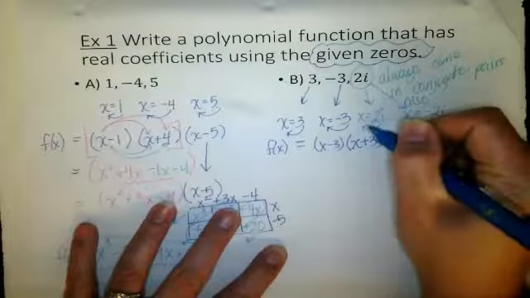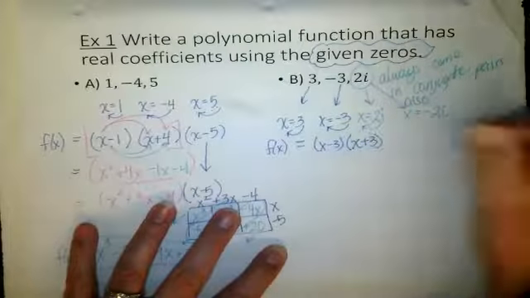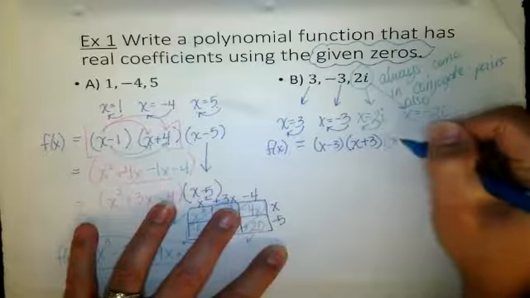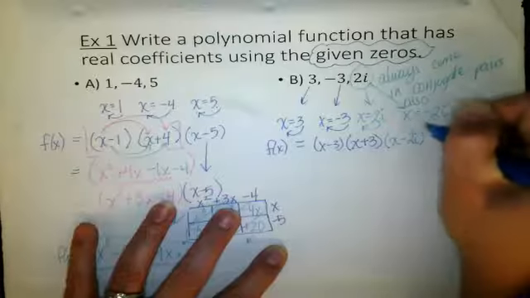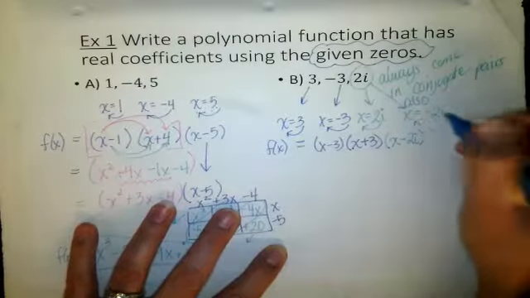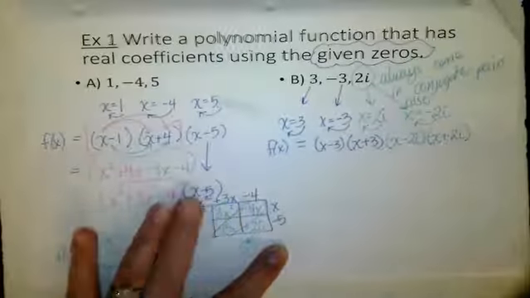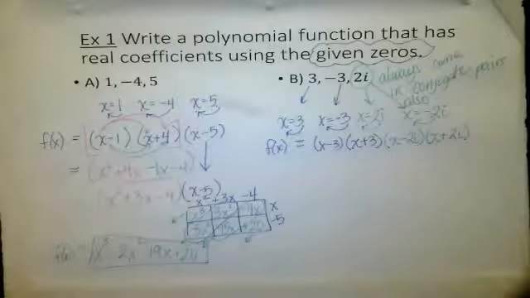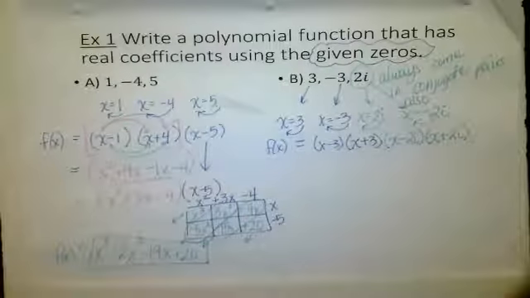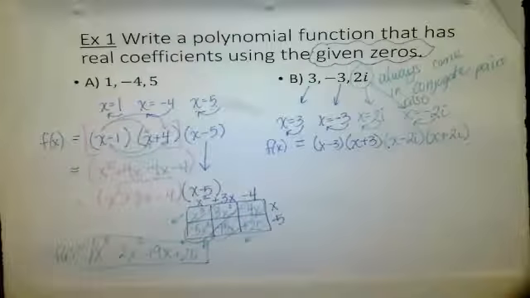If I have the solution x equals positive 2i, what bubble did it come from? x minus 2i. And again, the last one, x equals negative 2i, came from x plus 2i. And so all you have to do is move those numbers back on the same side with the x, and you're in bubble form. Super easy to do.